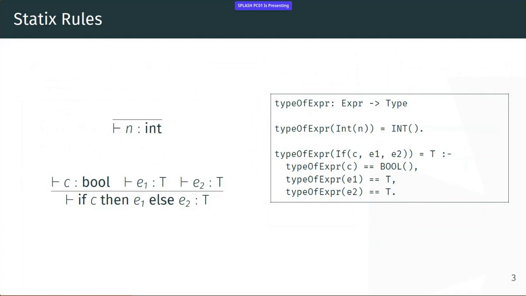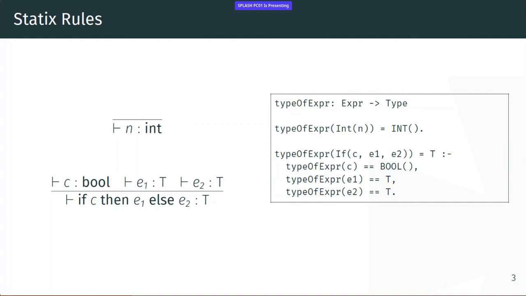There's a rule that matches on integer terms and returns a type int, and there's a rule that matches on if terms and returns a type t, given the three conditions at the bottom of the rule hold, namely the condition should be a boolean, and both expressions should also have type t. These specifications on the right-hand side we can actually turn into executable type checkers.